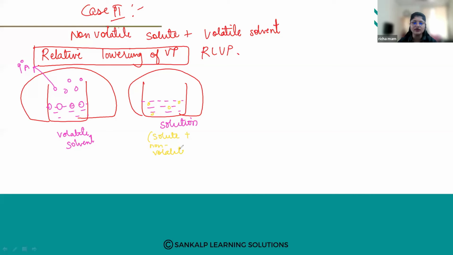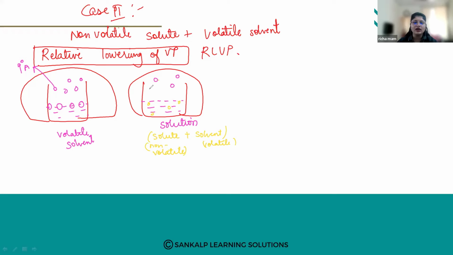Non-volatile means they will not form vapors. And the solvent is volatile in nature, and this will produce the vapors, right? Now, what will happen? As the solvent is volatile in nature, only the solvent will produce the vapors.